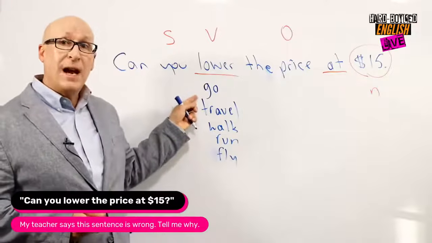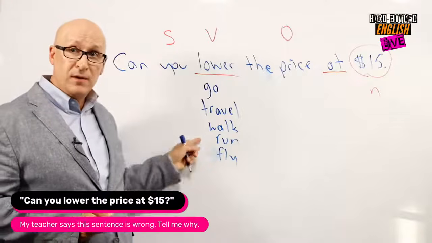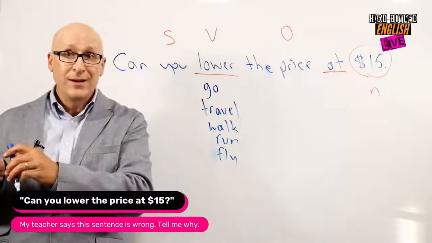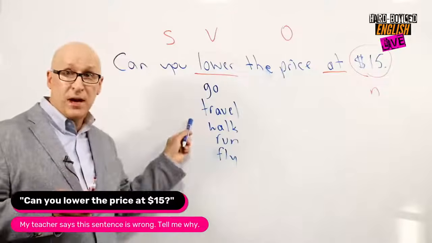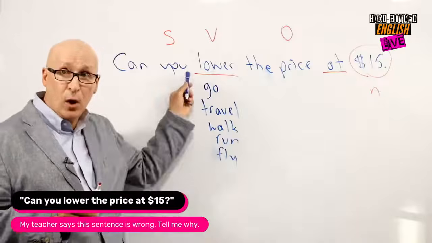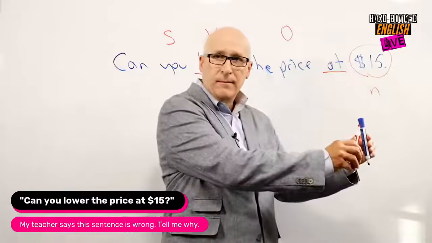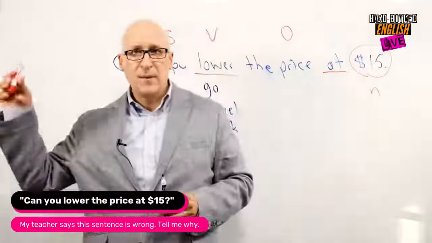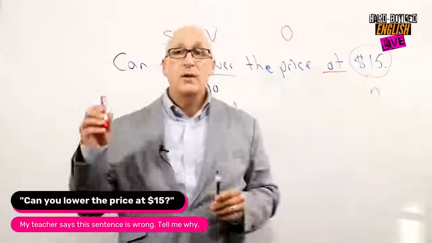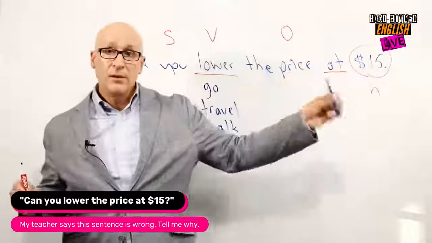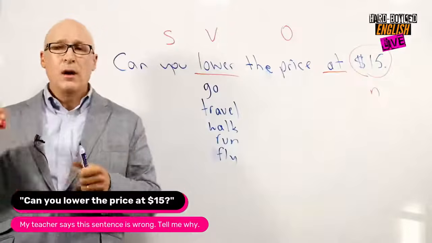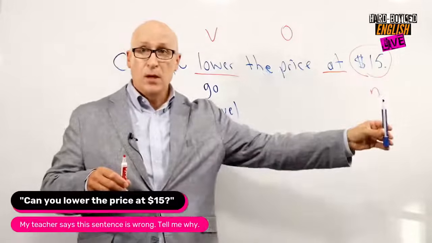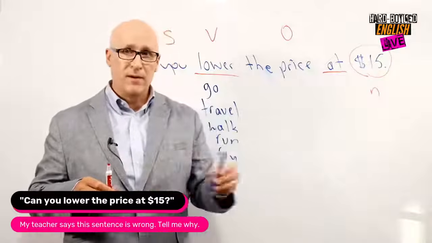All of these verbs have movement. And when you use these verbs, one noun starts here and goes, travels, walks, runs, flies, or lowers over here. And how do we establish the relationship of here to there? We use the preposition from, to. So for example, I go from home to work because go is a movement verb.